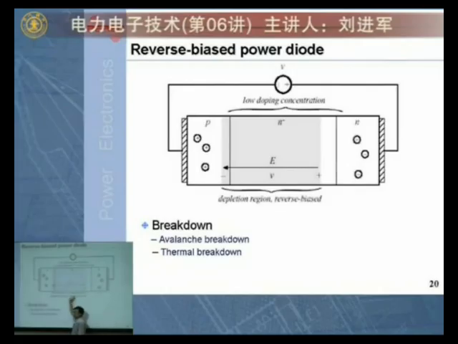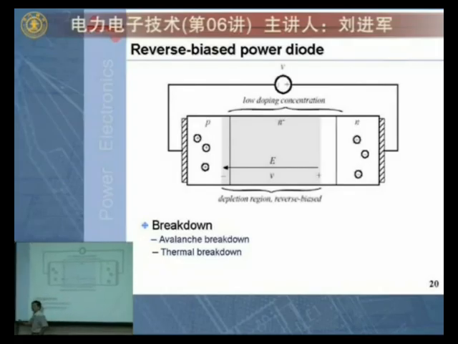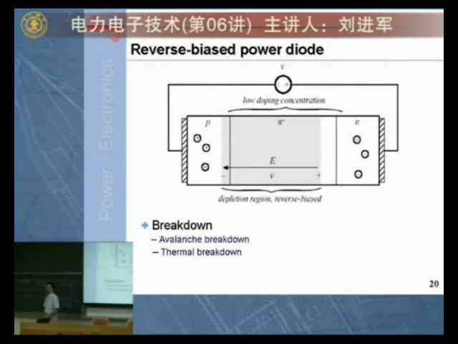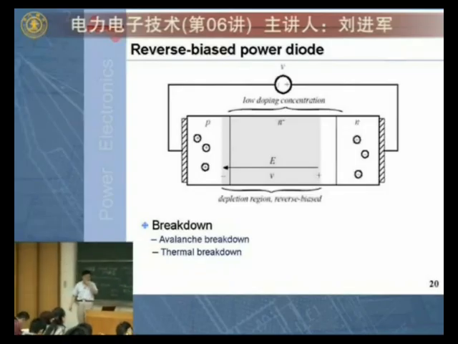Holes will be removed back to the P region. Therefore, there will be no carriers or very small carriers in the intrinsic region. Therefore, in the reverse biased situation, this intrinsic region will get the ability to handle high voltage. Because now, no carriers or very small density of carriers, therefore it is similar to the insulator in the reverse bias direction.